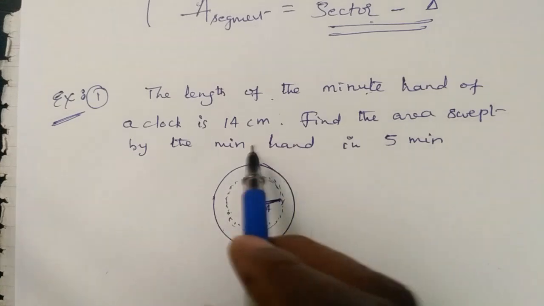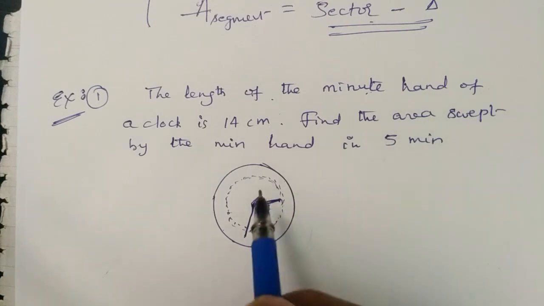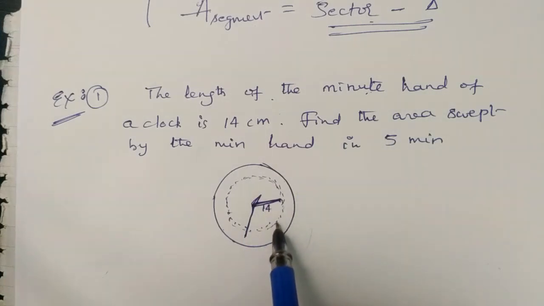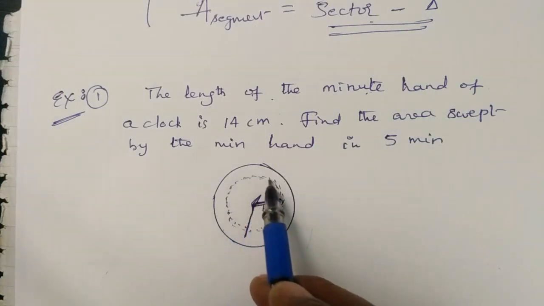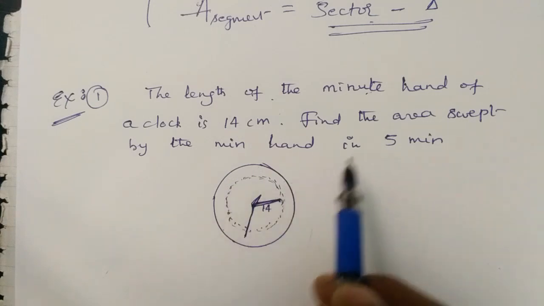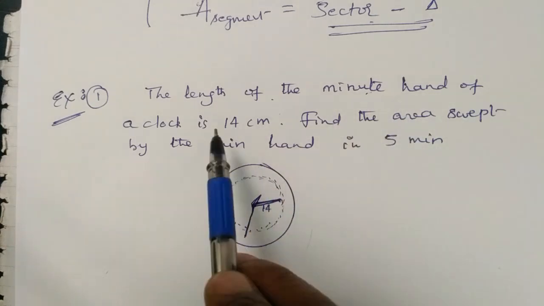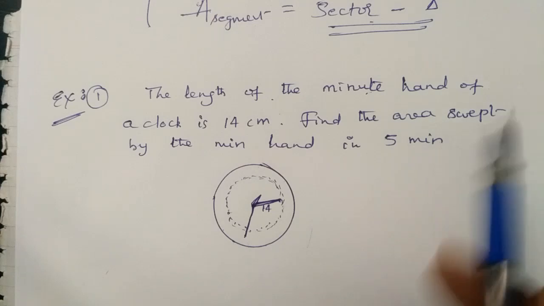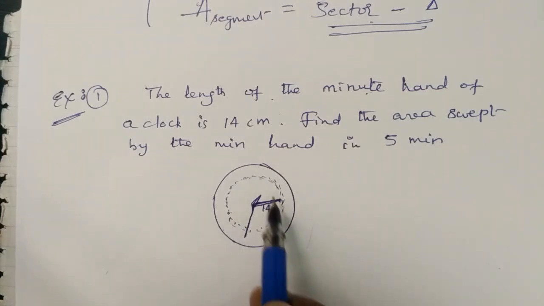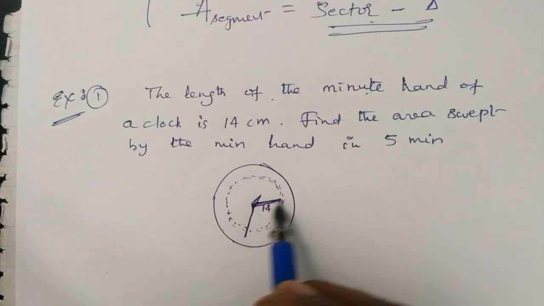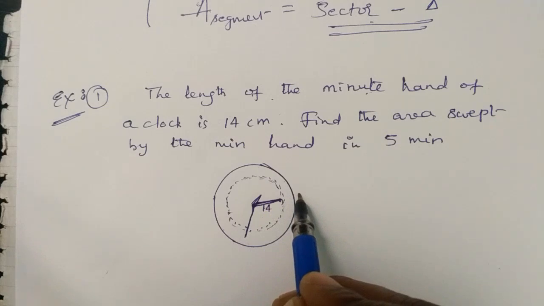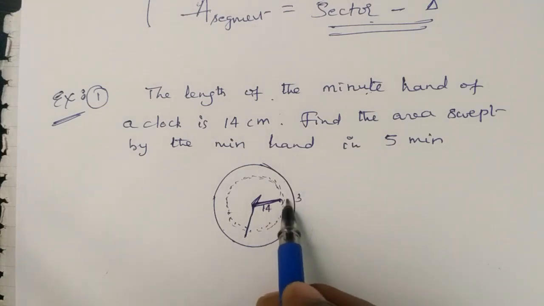So here we'll find the area. The minute hand will be rotating in this path, right? So the question is, what is the area swept by the minute hand in 5 minutes? Suppose this is now 3.